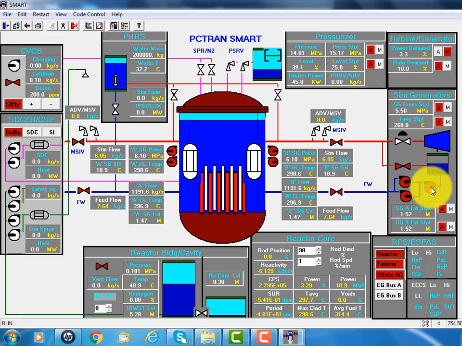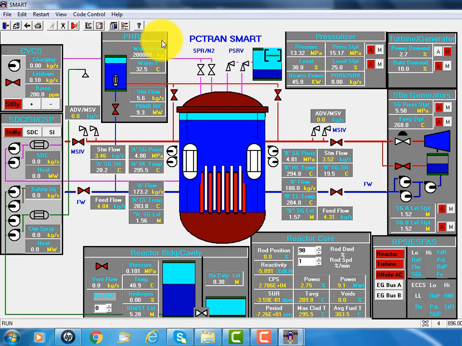Suppose we lose, and the reactor will cool by the steam generator and a normal shutdown system. Suppose we lose the offsite AC power, then the SMART has a passive way to remove heat by opening the valves from the steam generator's side, and the steam is condensed in the passive heat removal system.